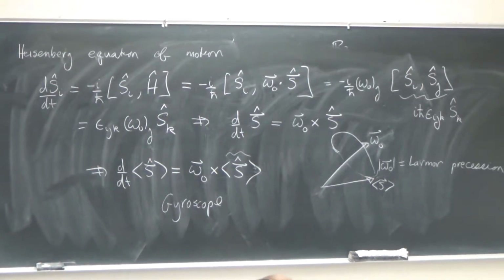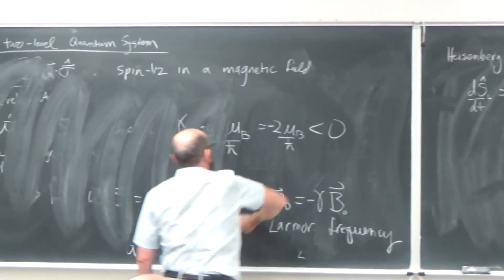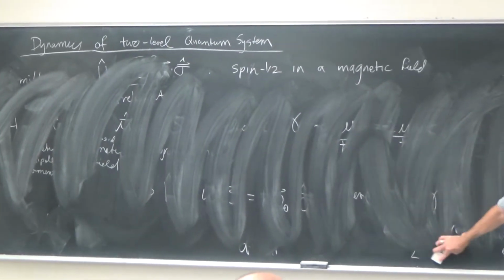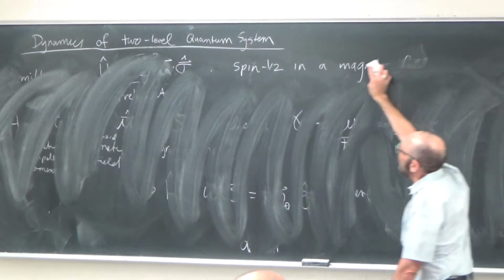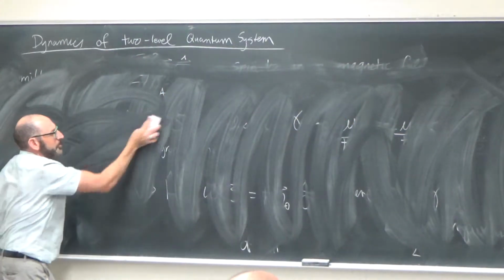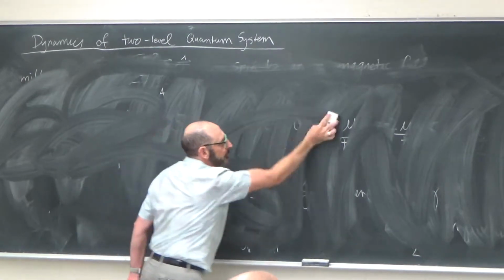All right. Now, let's think about this from the point of view of the Schrodinger picture, or at least thinking about quantum states, rather than the expected value of some observables.